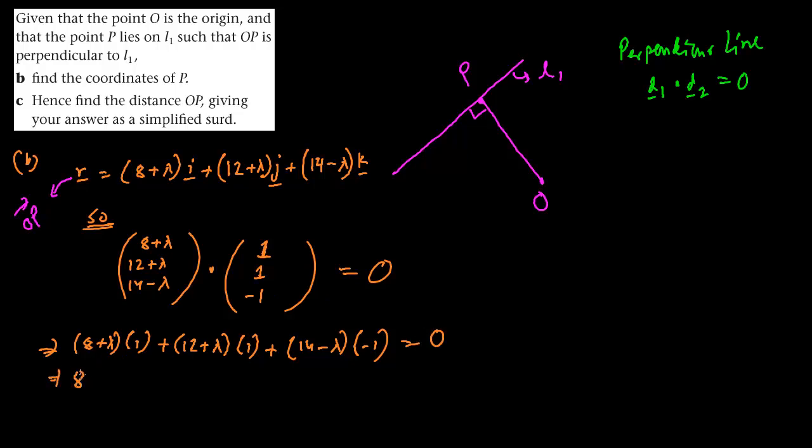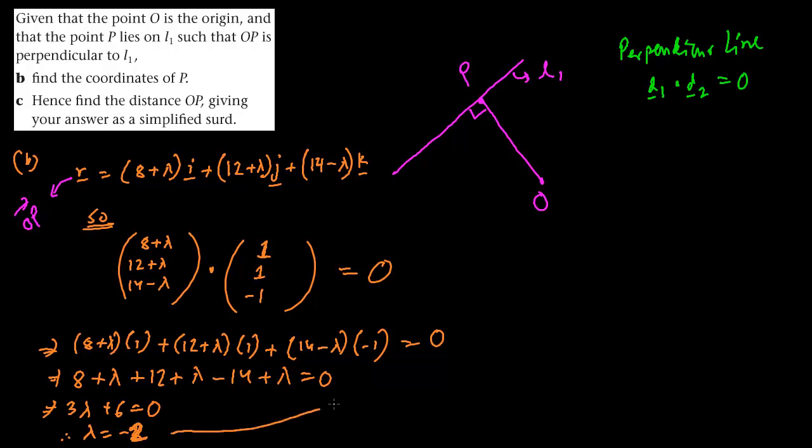This turns out to be 8 plus lambda plus 12 plus lambda minus 14 plus lambda equals 0. Lambda plus lambda plus lambda is 3 lambda. 8 plus 12 is 20, 20 minus 14 is 6. So 3 lambda plus 6 equals 0. Therefore, lambda equals minus 2. So for the point P, lambda equals minus 2.